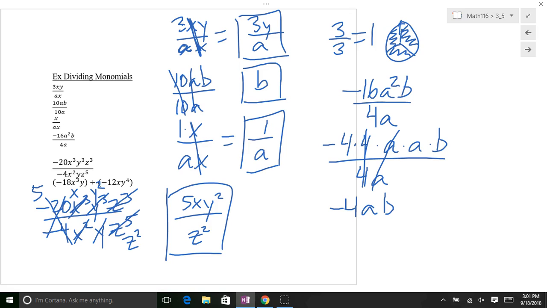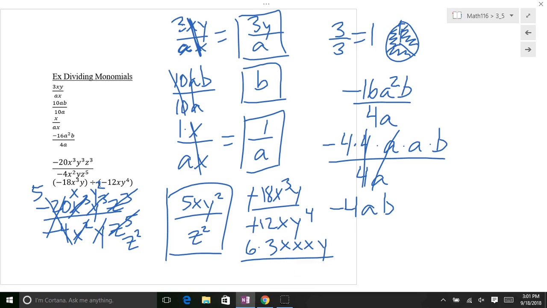Okay. Last one there, negative 18x cubed y divided by negative 12xy to the 4th. Well, first of all, negative 18 over negative 12. Negative over negative is positive. 18 over 12, if you want, again, you can write those as factors. So I'm going to go back to writing them all out. On the bottom, I've got 6 times 2 is 12.